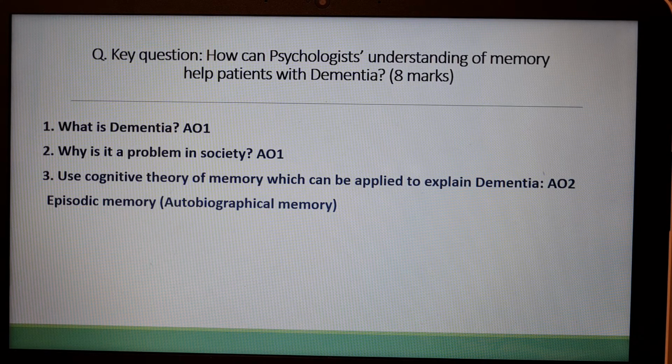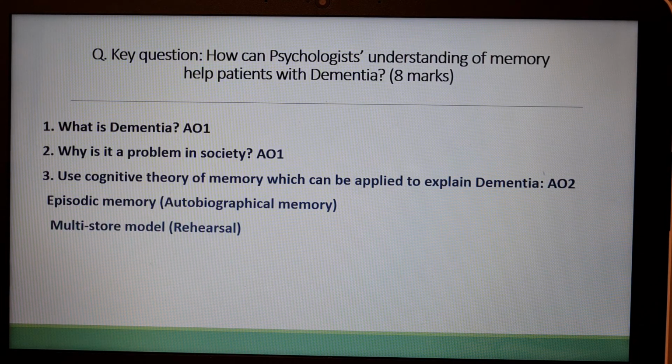And in dementia, I think that patients do tend to remember autobiographical memory a lot more. This is all relating to our unique experiences, special events. I think dementia patients do tend to remember their youth, their younger days when they were children, more. So it's a good idea to maybe talk to dementia patients about their childhood, just to trigger some memories, because that was probably the best part of their life.